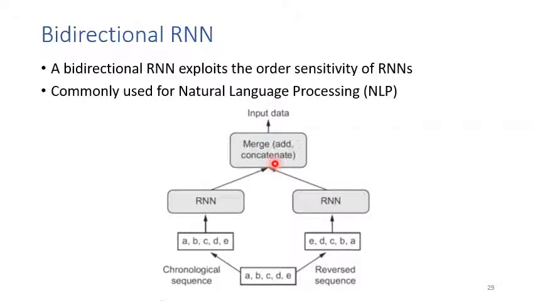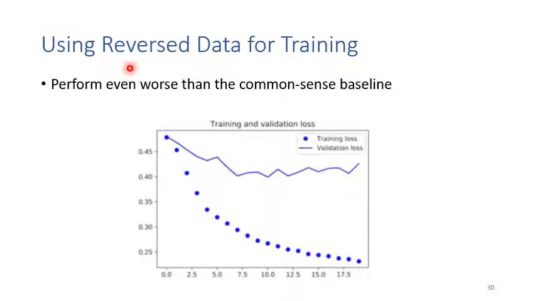This is bidirectional RNN. It's useful for natural language processing because sometimes we say a sentence in reverse order or in different orders, but it may not work for time series data like stock price or temperature. Let's try to use reversed data to train our model and see if that reversed data can work for forecasting.